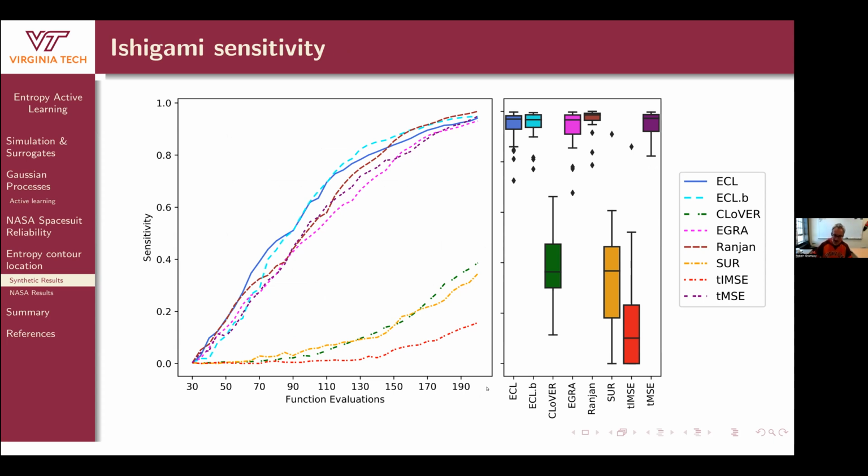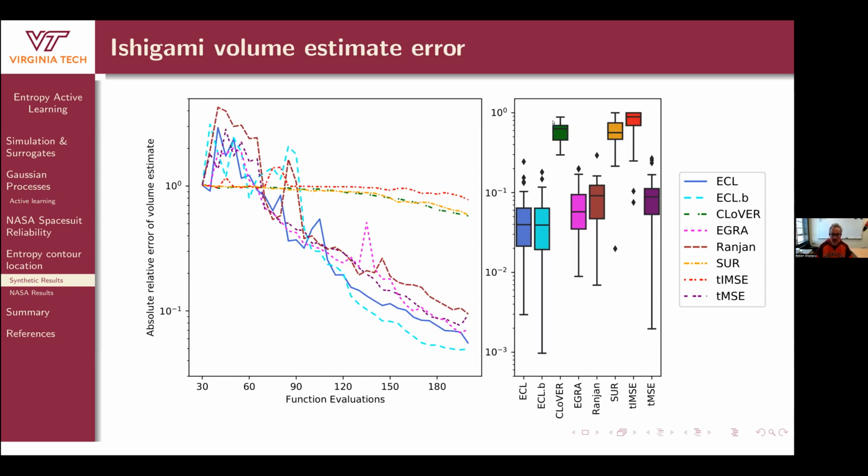So you can see in a Monte Carlo study how repeatable these methods are. So we are competitive with the best methods on sensitivity. On volume error, again, this time you want low, lower is better. Our method is on average the lowest and is competitive with some of the other methods on that criteria. So that's Ishigami.